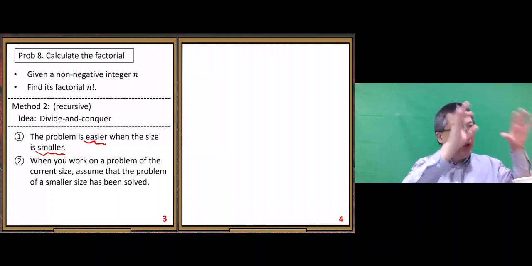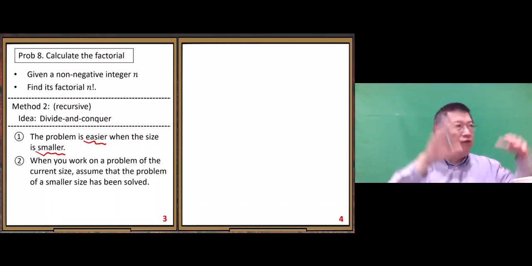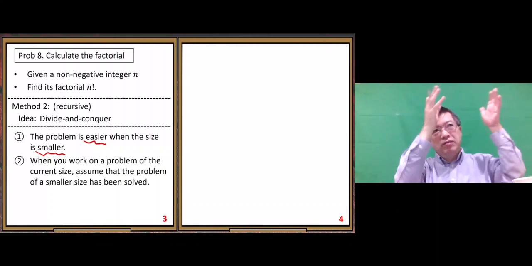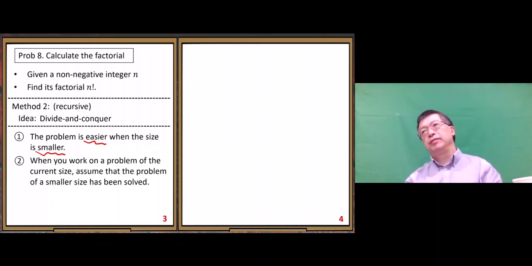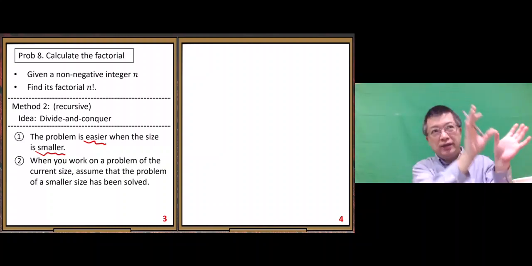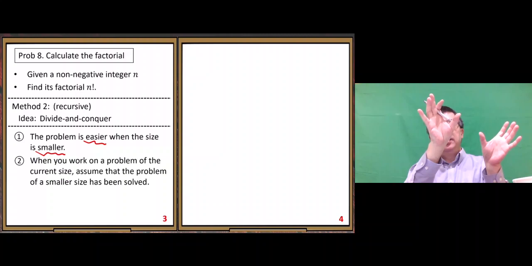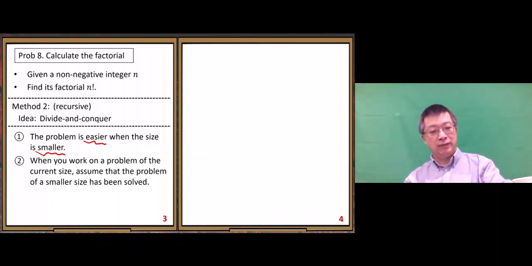Then we can build up from there, not from the very beginning, but from some steps in the middle. In that way, it could be easier to solve the problem of the current size. That's the basic idea.